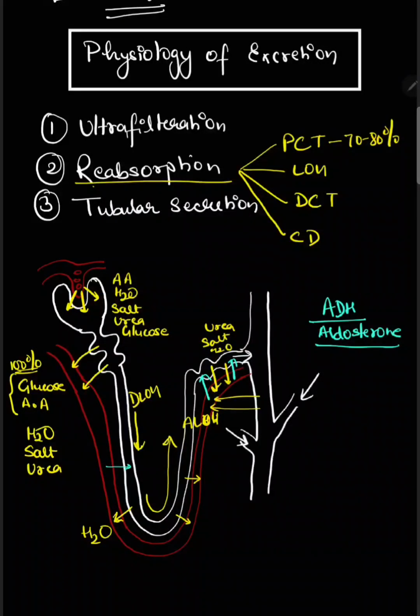So in the DCT portion, ADH and aldosterone will help in the reabsorption of salt and water when needed, but in the DCT portion, tubular secretion is the maximum.